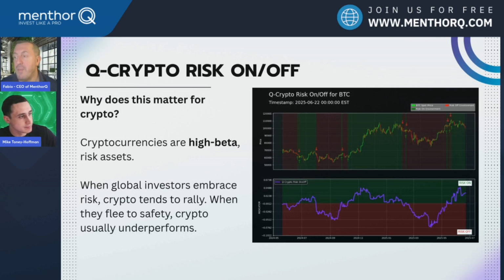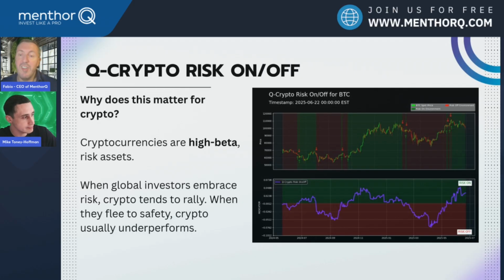Cool. And why is this important? Because cryptocurrencies are high beta risk assets. They tend to behave like small tech companies. Whenever the market goes up, they outperform. Whenever the market goes down, they underperform, right? And also, it's a risk asset. So when we were talking about tariffs, the market was panicking.